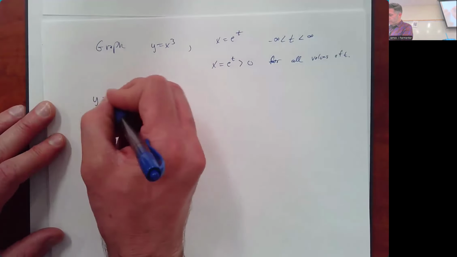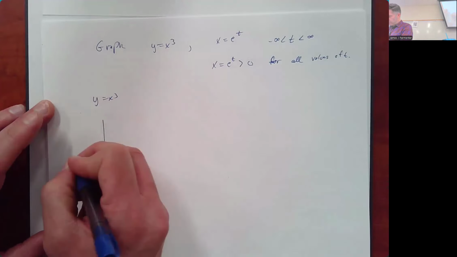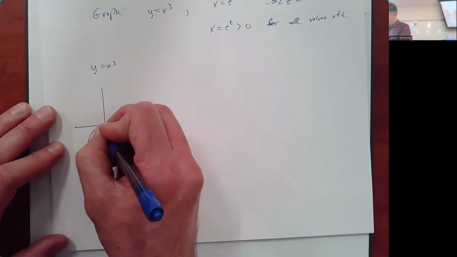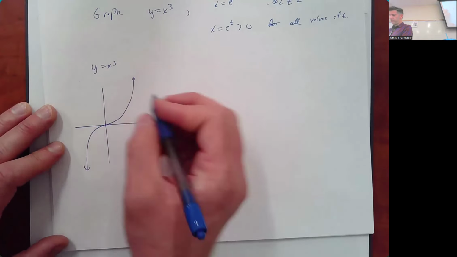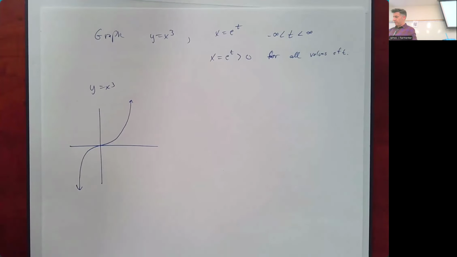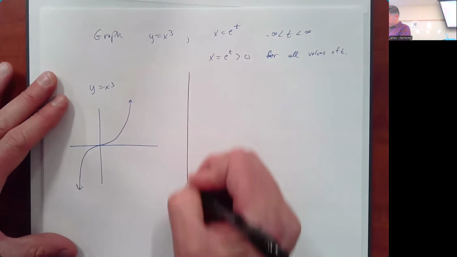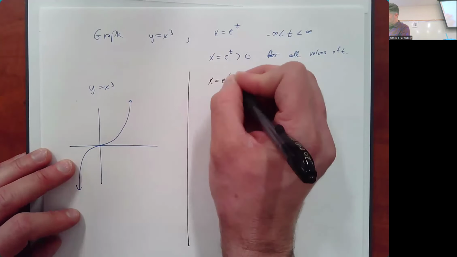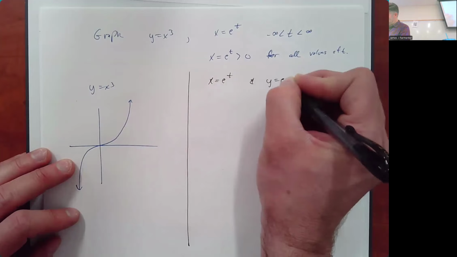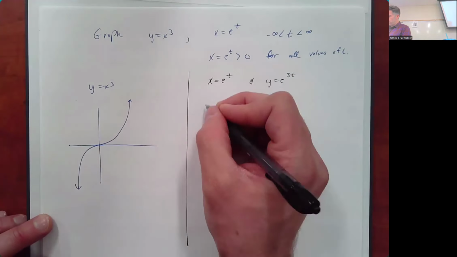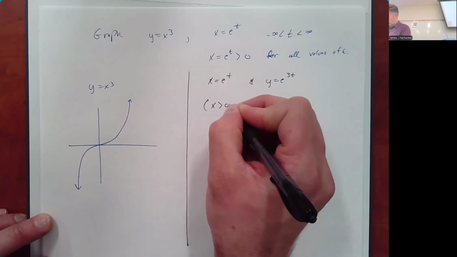So normally, if I was just going to graph y equals x cubed, I would get the graph of y equals x cubed, which looks kind of like this. It's not my best. Close enough. But what we should actually be getting here is something slightly different. If we're graphing the parametric equations x equals e to the t and y equals e to the 3t, it's going to look like a portion of that, except we know that x has to be greater than 0.